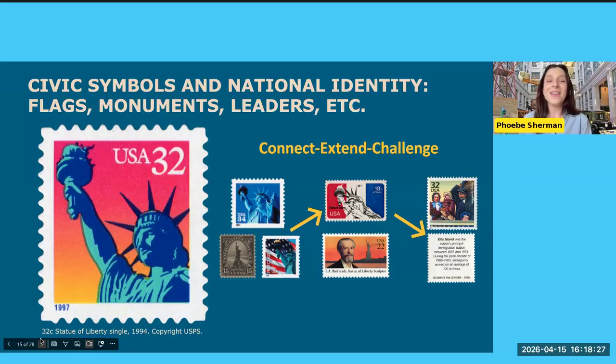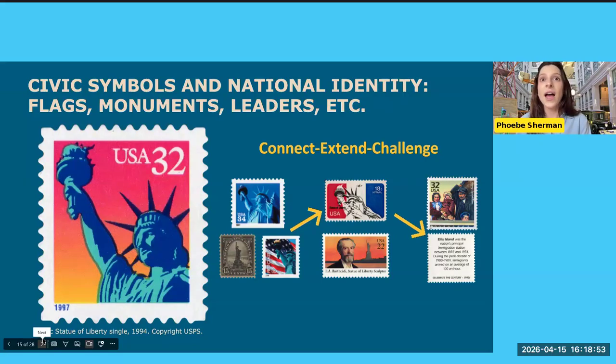But it made me start thinking about how it's an opportunity to extend our knowledge on things like considering the United States' relationship with France and how the Statue of Liberty came to be in New York. I think it provides other opportunities to work, especially with young people, to extend their knowledge about migration patterns, the history of immigration in the United States.